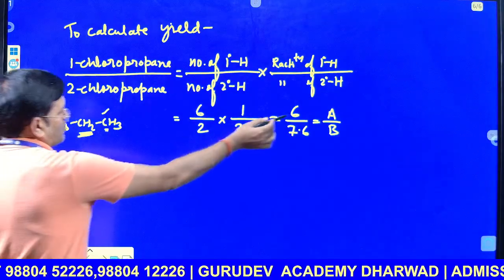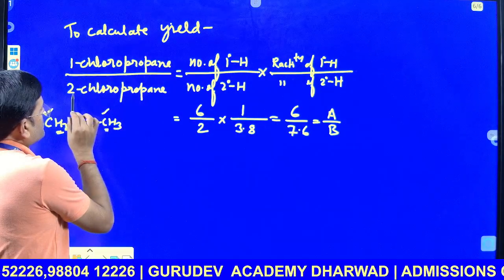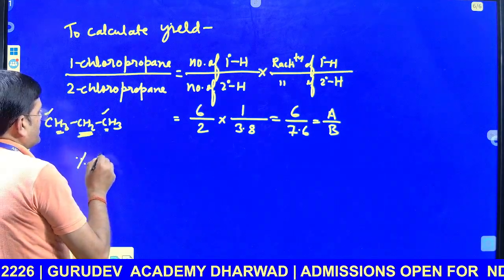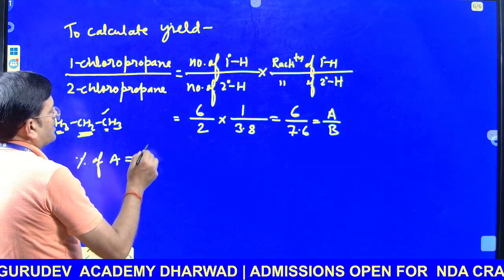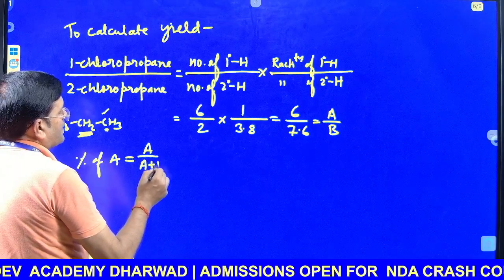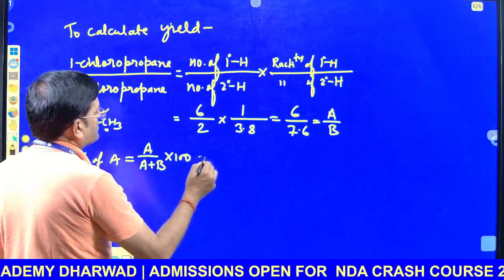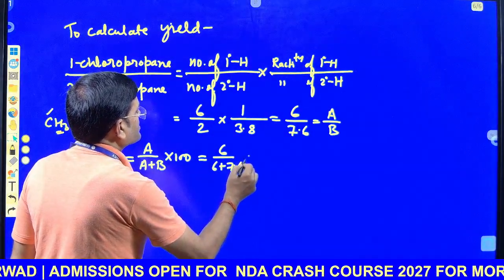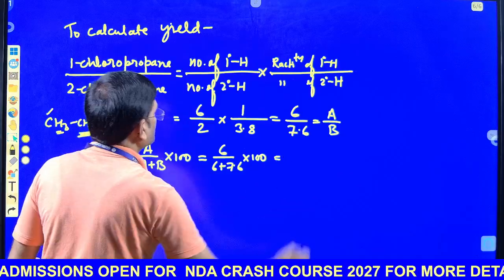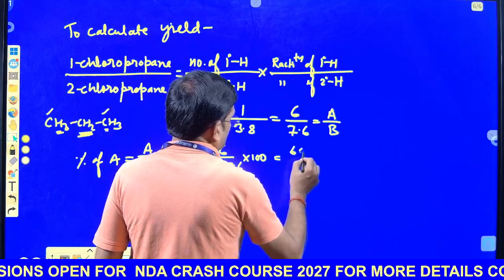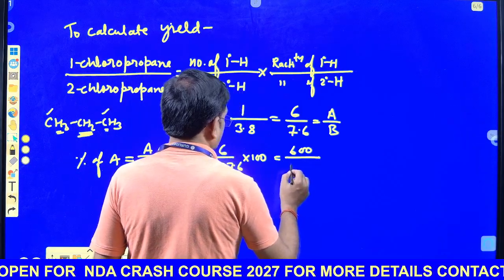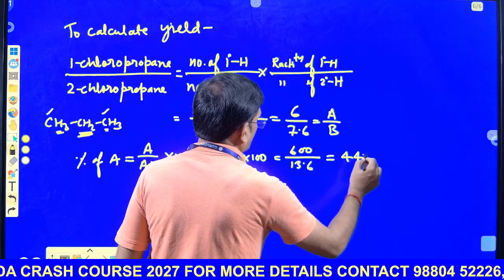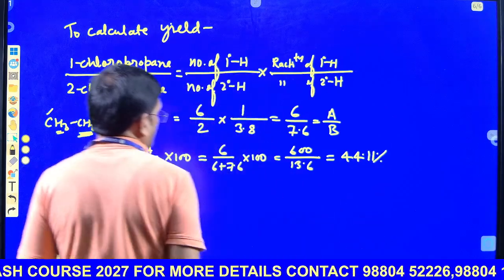Just see, A means what? 1 chloropropane. B means what? 2 chloropropane. So percentage of A is equal to A divided by A plus B into 100, which means 6 divided by 6 plus 7.6 into 100. So that is coming out to be 600 divided by 13.6. If you calculate it, you will get 44.11%, right?